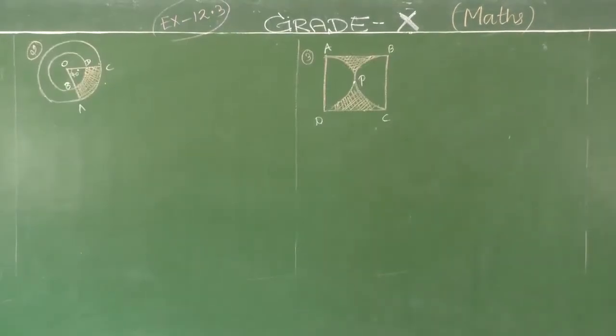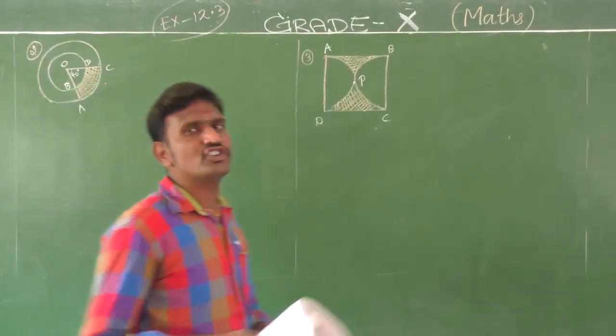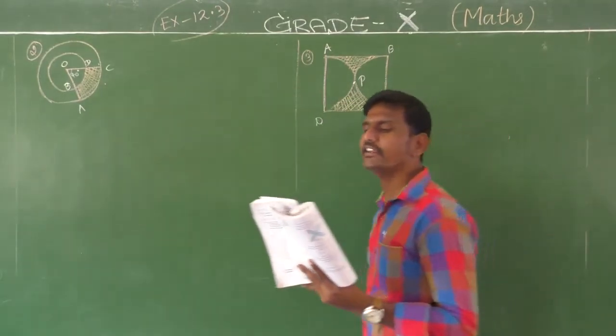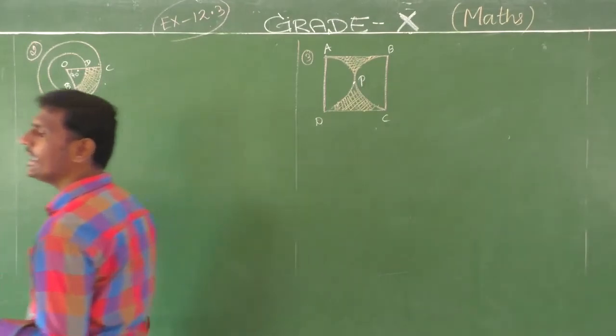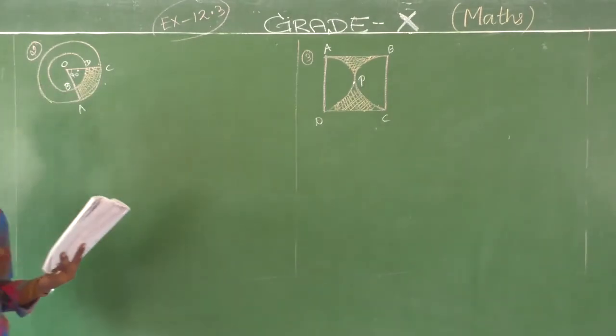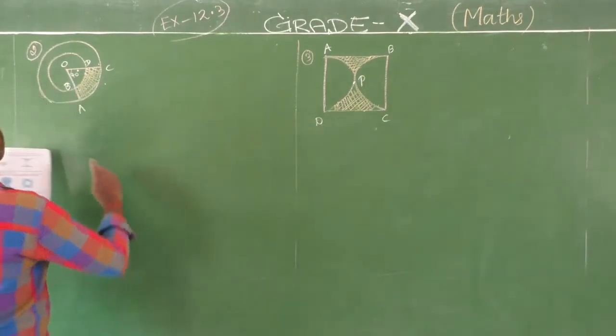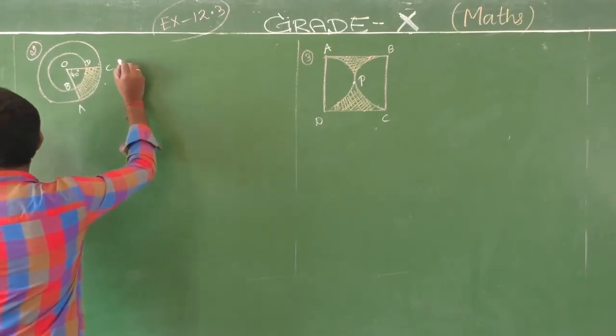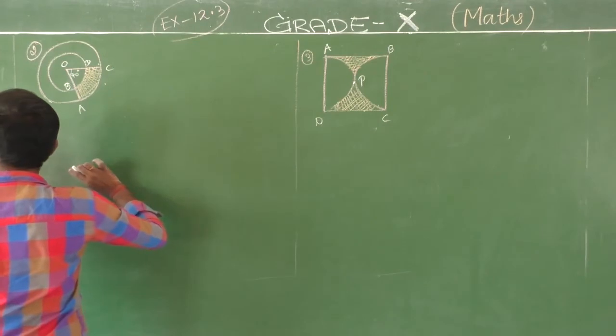And the next question we want to go. Question number 2. So students, look at your question number 2. Find the area of the shaded region in the figure if the radii of two concentric circles with center O are 7 cm and 14 cm respectively.